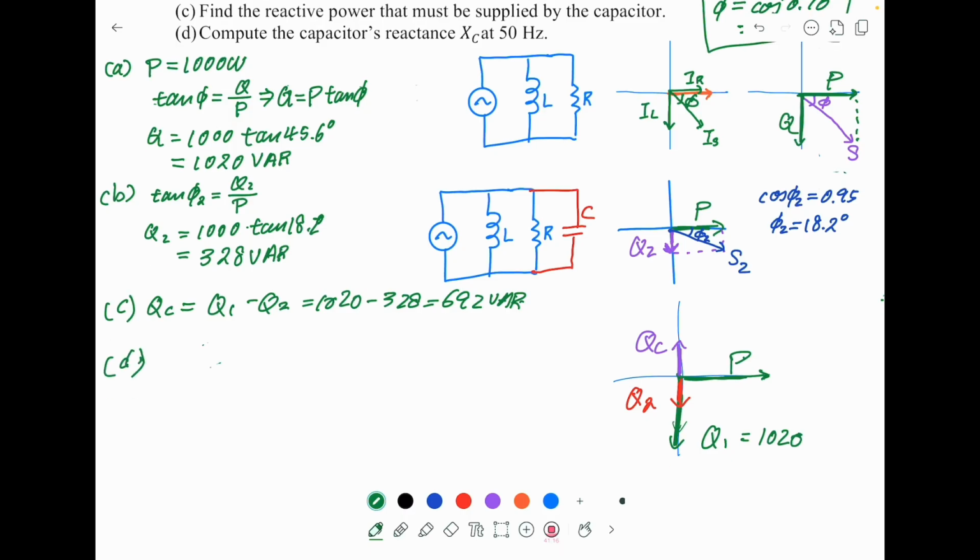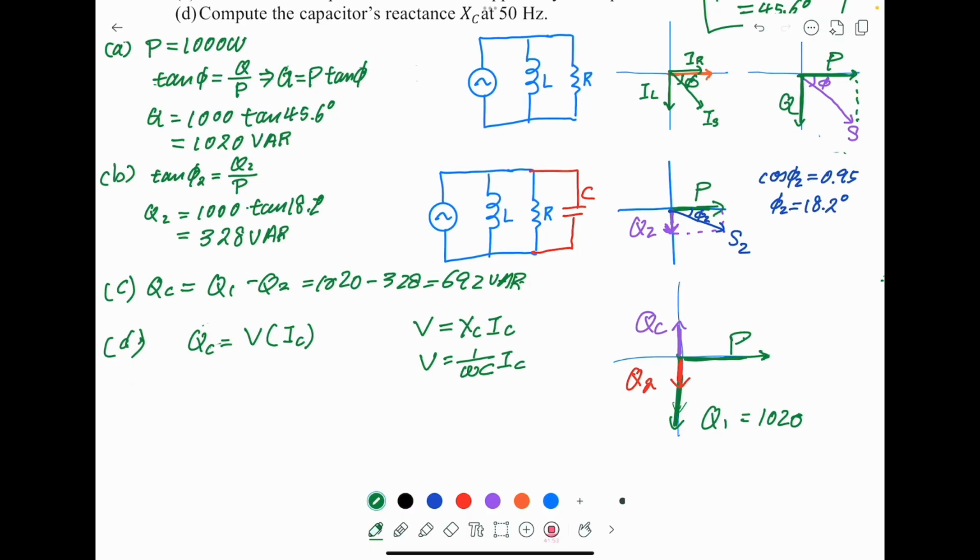Part D. So just recall, QC is the voltage V multiplied by the I passing through C, and the voltage V is proportional to IC with a proportional constant XC, the Ohm's law for capacitor, and V is equal to 1 over omega C times IC.